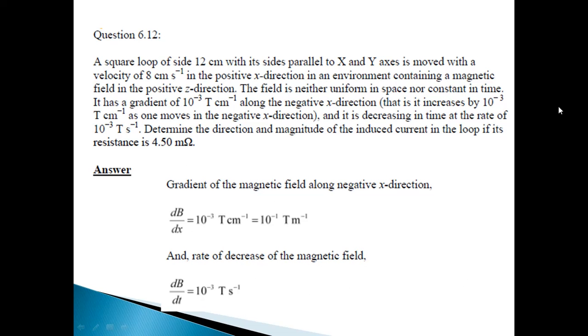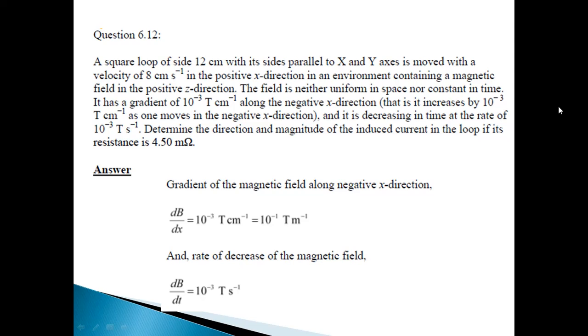Next question. A square loop of side 12 centimeter with its sides parallel to x and y axis is moved with a velocity of 8 centimeter per second in the positive x direction in an environment containing a magnetic field in the positive z direction.